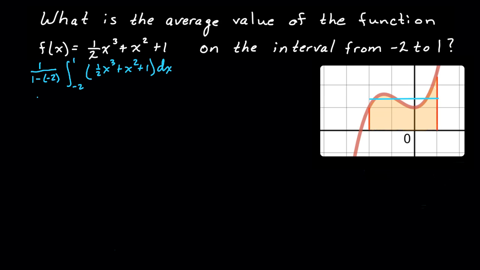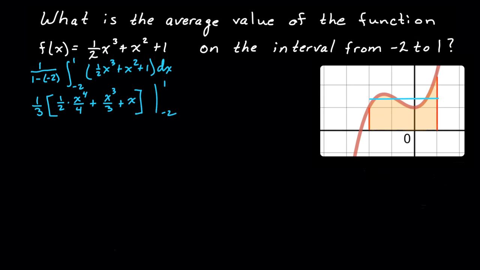dx. All right, so we're going to end up with 1/3 here. This will be 1/2 times x to the 4th over 4 plus x cubed over 3 plus x, and we're going to be evaluating this between negative 2 and 1.